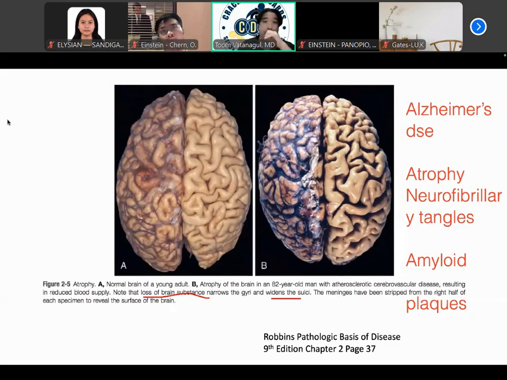Please remember this by heart: neurofibrillary tangles and the amyloid plaques. Please jot this down. For atrophy.